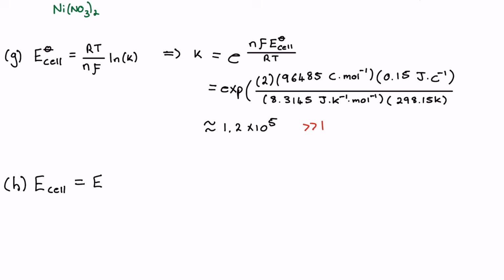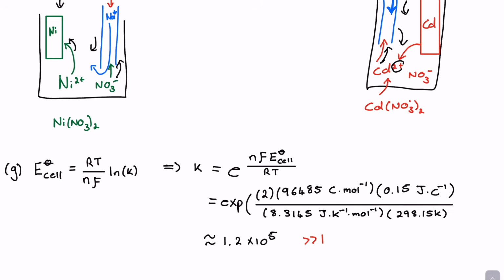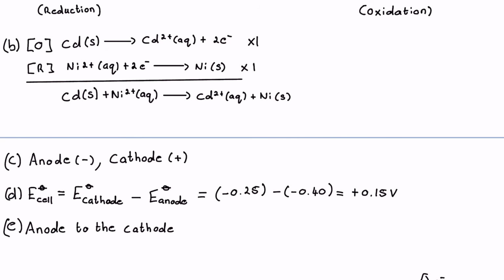The Nernst equation says E cell is equal to the standard cell potential, E naught, minus RT over nF times ln of Q. And we can write Q for this reaction, because Q will just be dependent on everything that has a concentration.